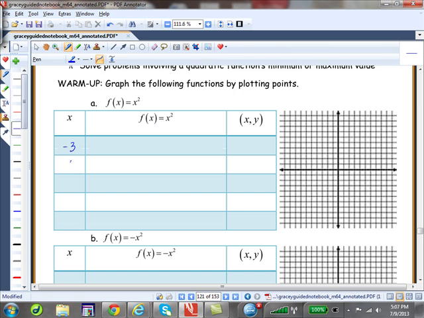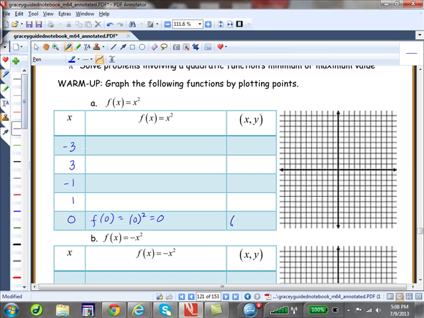So this is what I'm going to do. I'm going to pair up these numbers here. Now we don't always know where the symmetry is going to be before we find the vertex, but in this case we know it's going to be on that y-axis. I just wanted to show you how you can use symmetry. All right, so we're going to start here. f at 0 is equal to 0 squared, which is 0.